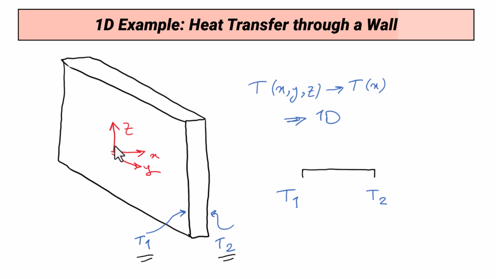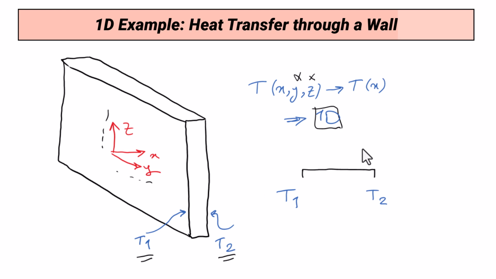So if we move along the y or z-axis, the temperature doesn't change. It only changes along the x-axis from T1 to T2. This makes it a 1D problem because y and z are not in the variable.